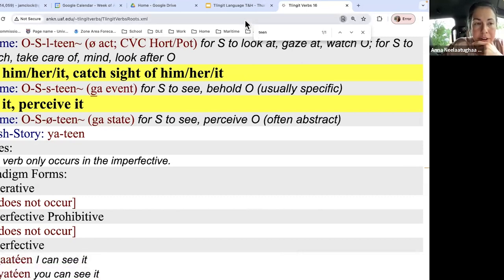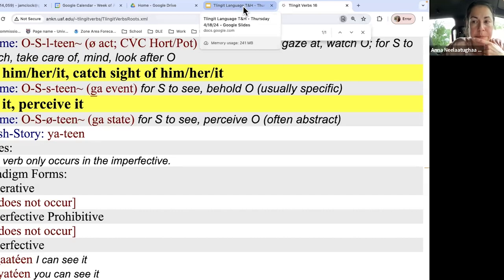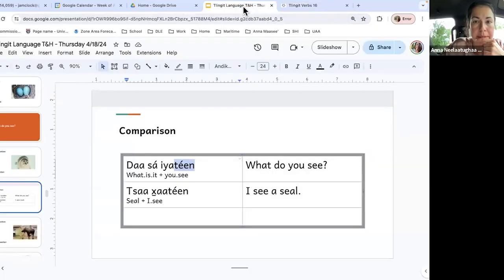I'm gonna leave our grammar talk for now, if that's okay, unless you guys have any other questions about it. Okay. So Ia is you and Kha is I see.